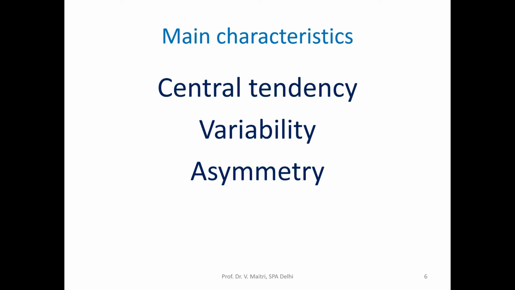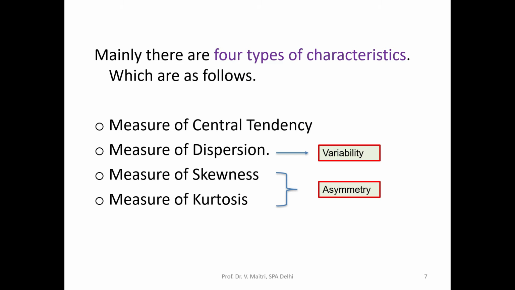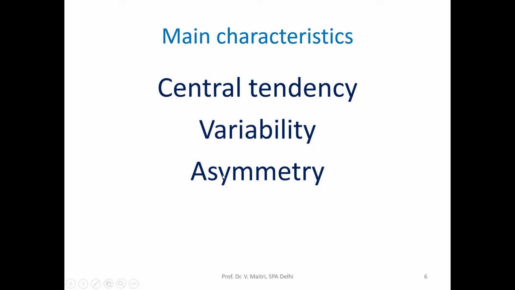So there are three major characteristics of the data: number one is central tendency, then variability, then asymmetry. What are these? What do we mean by this? We will do them one by one. Basically, we measure central tendency using measures of central tendency, which help us compute the central value.